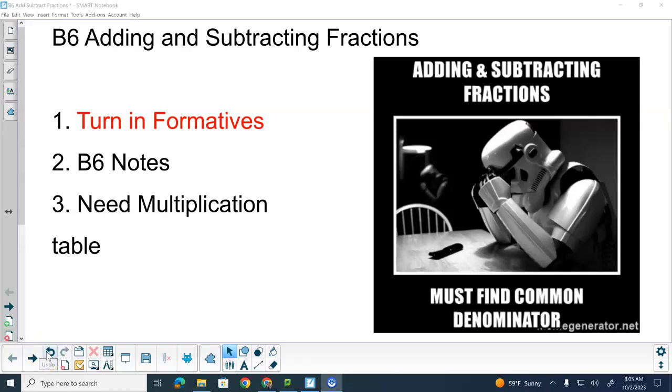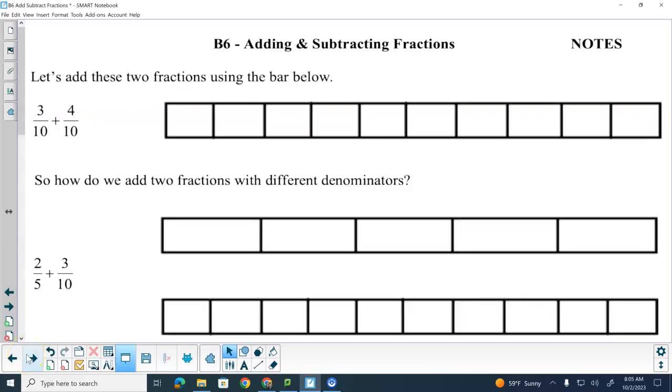All right, so here we go. Let's start adding and subtracting fractions. Okay? So if we have the same denominator, we can add and subtract them relatively easy. So if I have 3/10, now this fraction bar is broken up into tenths.